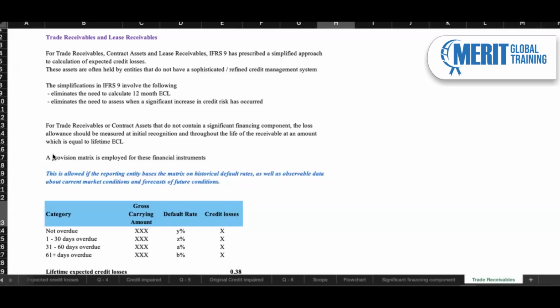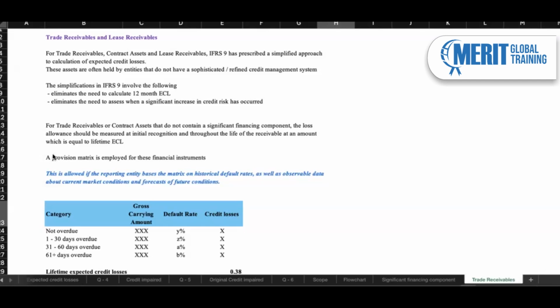No business entity out of its own volition would want to work with a person who is basically a credit risk at the time of origin itself, or who has had a past track record of delaying the payments or not making the payment. So ideally at the time of making a sale to a new customer and recording a trade receivable, there is a very high probability that the lifetime expected credit losses could be zero. So the same thing applies to trade receivables as well. Yes, 100%.